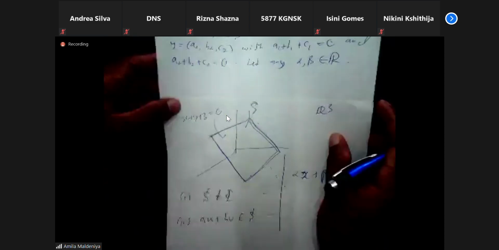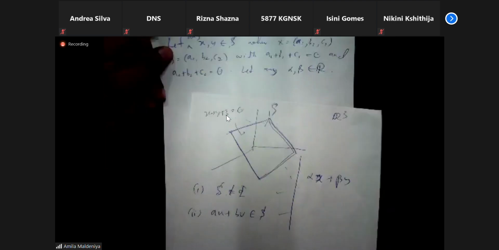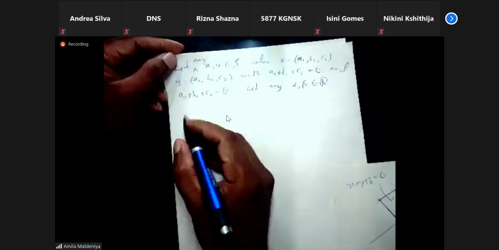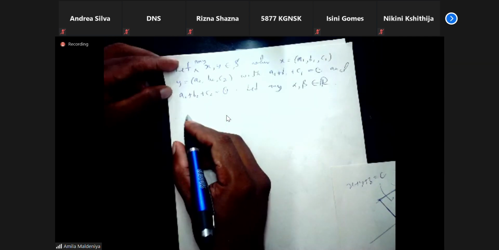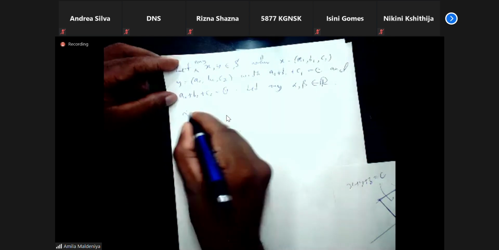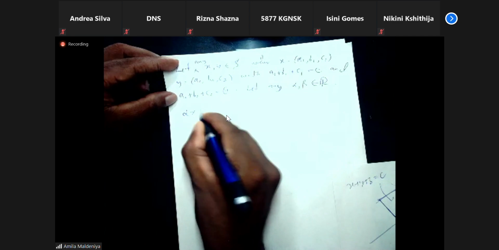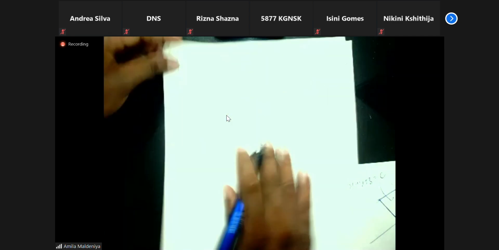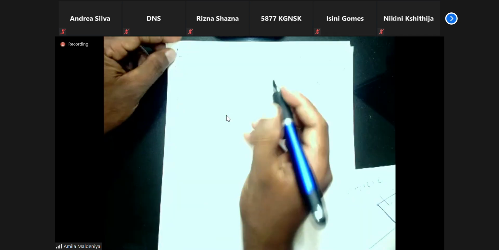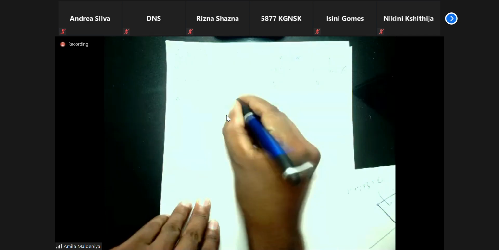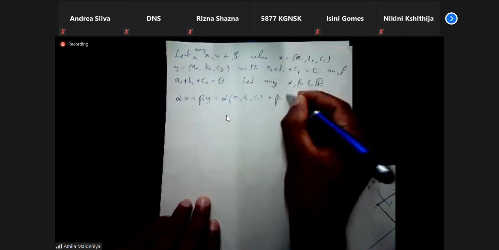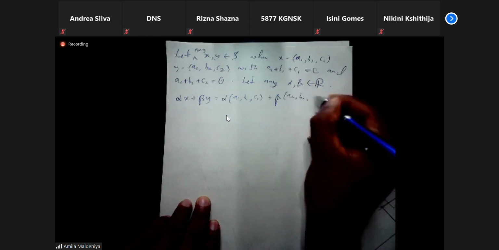Right. So what we need to prove this one, no? Right. So let's do. Right now, let's consider alpha x plus beta y. Okay, so alpha x, let's simplify. So that means alpha (a1, b1, c1) plus beta (a2, b2, c2).